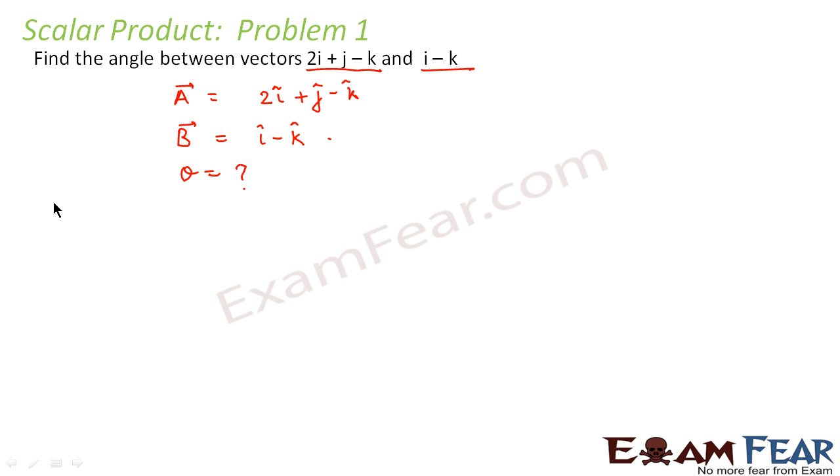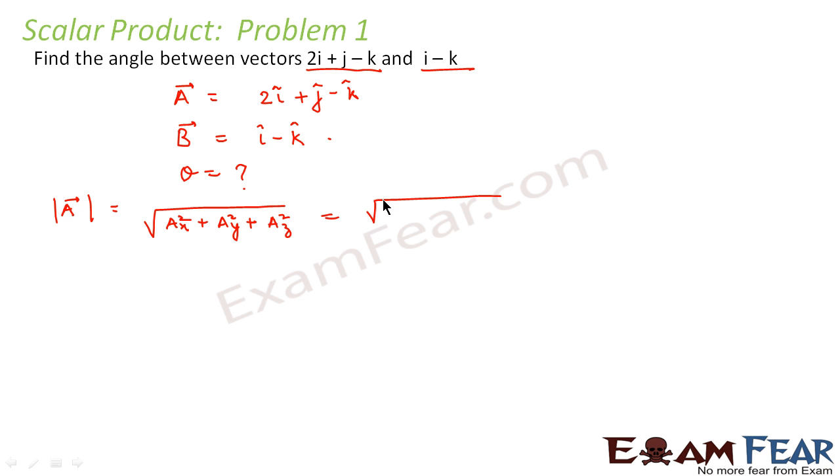Before we start, let us calculate the magnitude of A. This vector is of the form ax i cap plus ay j cap plus az k cap. Normally the magnitude of A is given by root over ax square plus ay square plus az square. I am very sure you have studied all these basic vector relations in your mathematics.